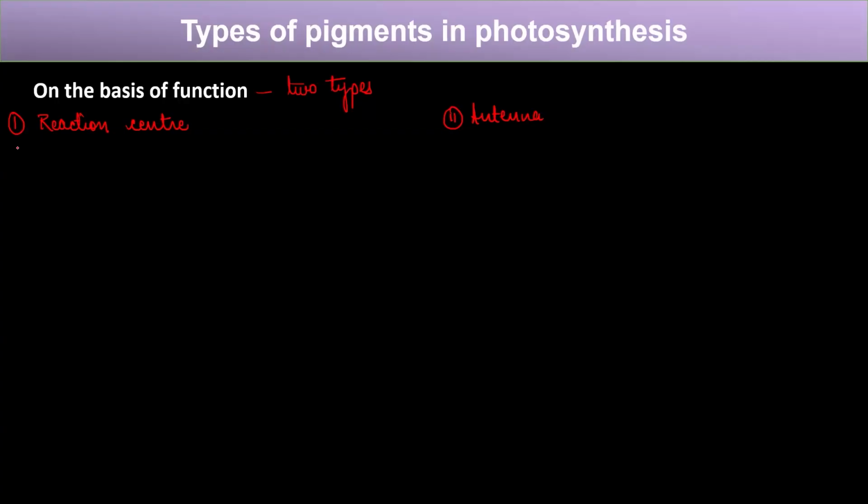In the reaction center, the pigment that is present is known as the chief pigment or the primary pigment. Now, why do we call it chief pigment? We will see in the upcoming slides, but for now, just think of it as the most important pigment.